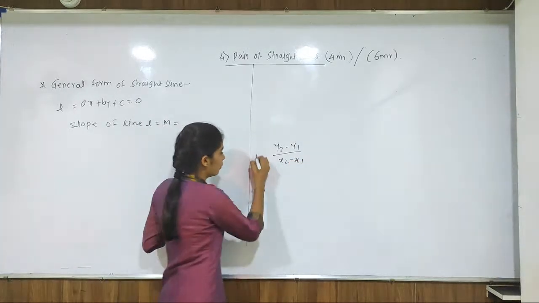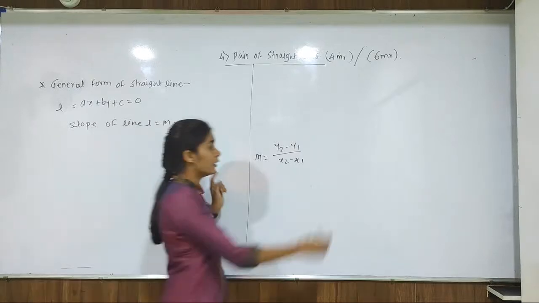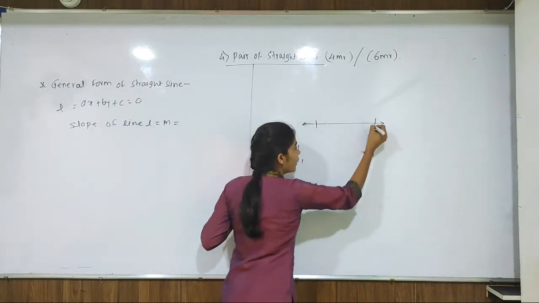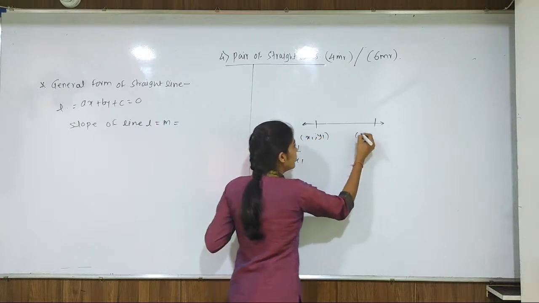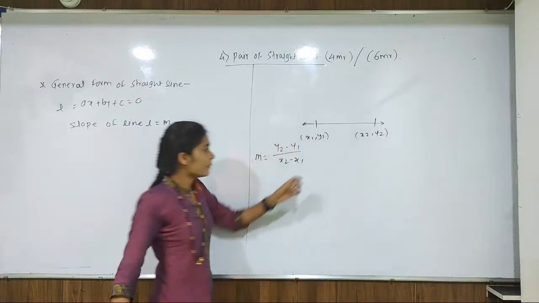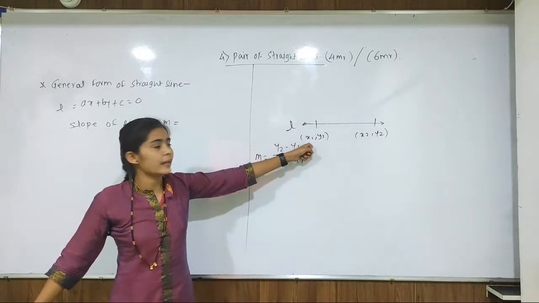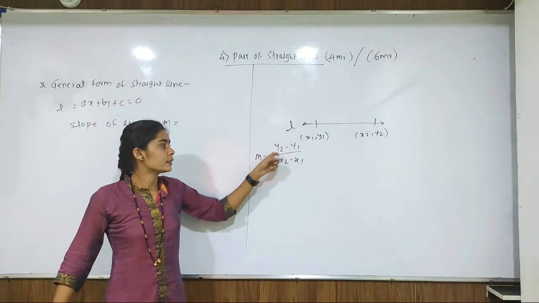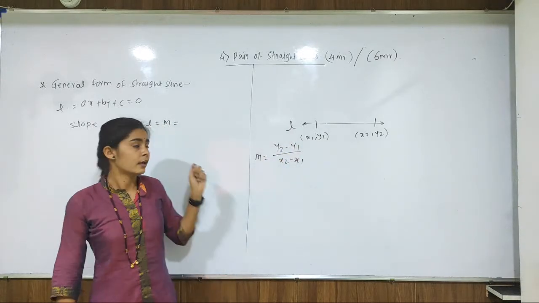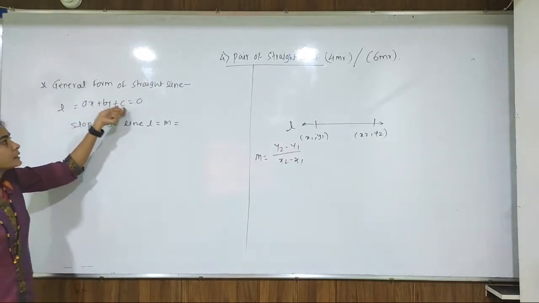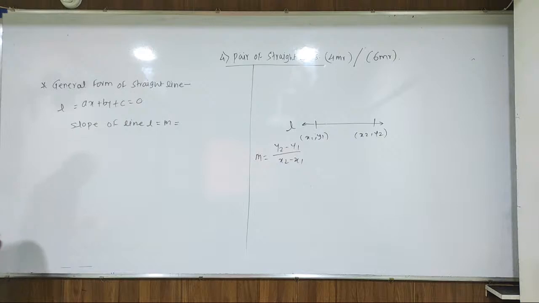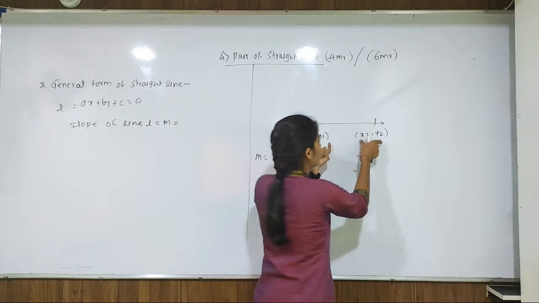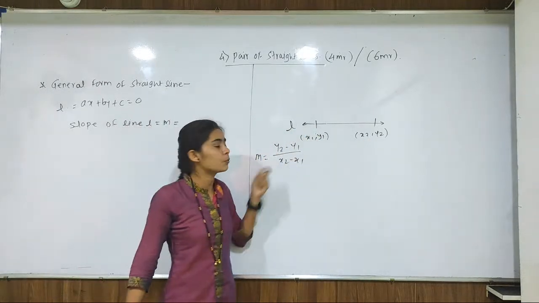It is also the slope of the line L. But if it has 2 points, जेव्हा या लाइन वर 2 पॉइंट्स असतील, then we will use this formula. जेव्हा आपल्याकडे स्ट्रेट लाइन असेल L आणि त्याच्यावर 2 पॉइंट्स असतील x1 y1 and second point is x2 y2, then we will use this. लाईन मध्ये 2 पॉइंट दिलेले असते तेव्हा आपण हा फॉर्म्युला यूज करणार.